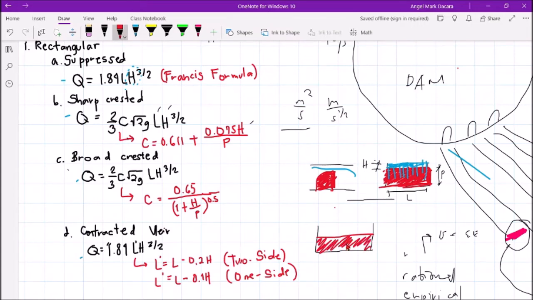Pero unlike the regular suppressed rectangular weir na it only extends from side to side, yung contracted weir, hindi po nakontento kasi meron pa siyang palikpik doon sa gilid. Kasi ito, hinahayaan niya lang mag-overflow yung tubig sa taas niya. Si contracted weir, meron pa siyang palikpik sa side. This is a one-side rectangular weir.